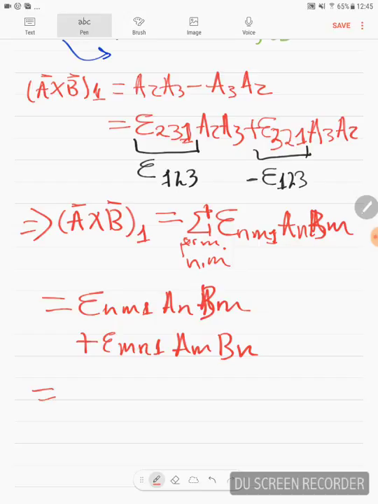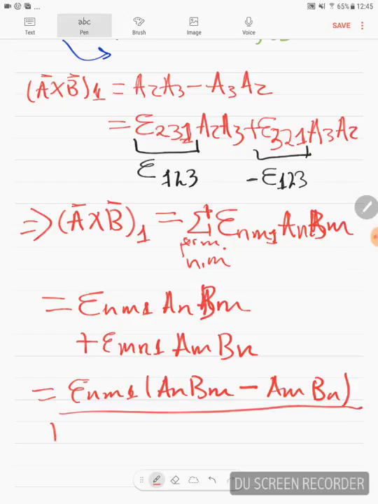If you permute N and M here, you pick a minus sign, so you go E N M 1, A N B M minus A M B N. For N equal to 2 and M equal to 3, then you obtain the following.